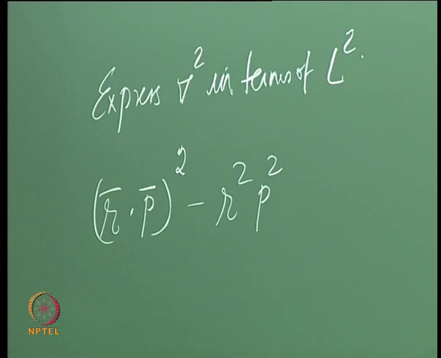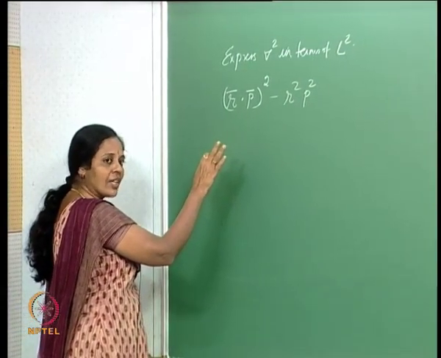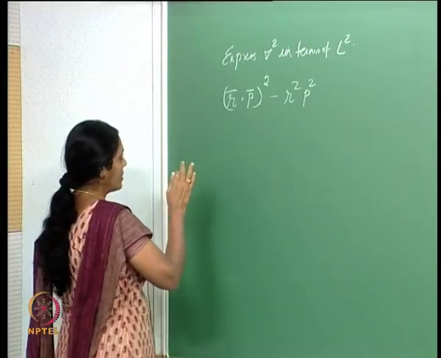This is a straightforward exercise, but it is worth going through it so that we understand that things do not automatically commute with each other, and we put in the appropriate factors which arise because of non-commutativity in quantum physics.